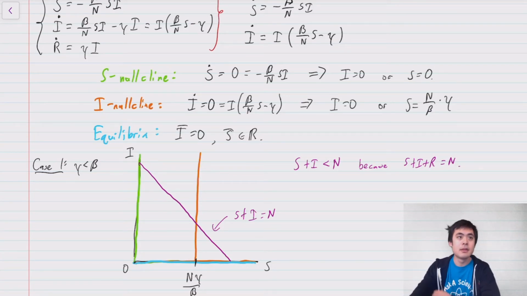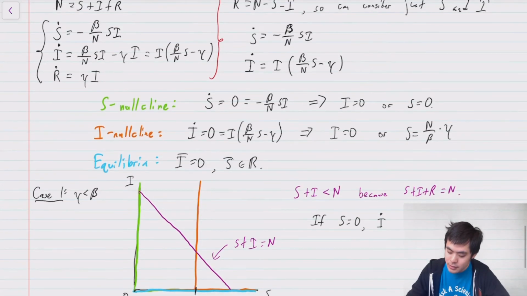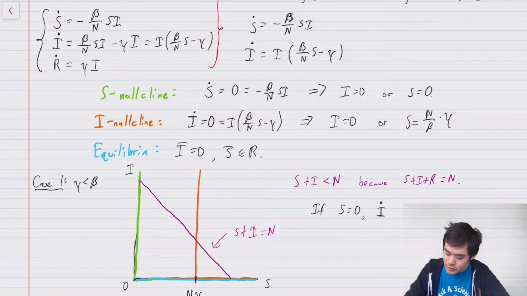So let's do this explicitly. If S is equal to 0, so on the S-nullcline, then S dot is equal to 0, and I dot is going to be a positive value of I times beta n S minus gamma. Since S is equal to 0, that's going to be minus gamma as the second number.